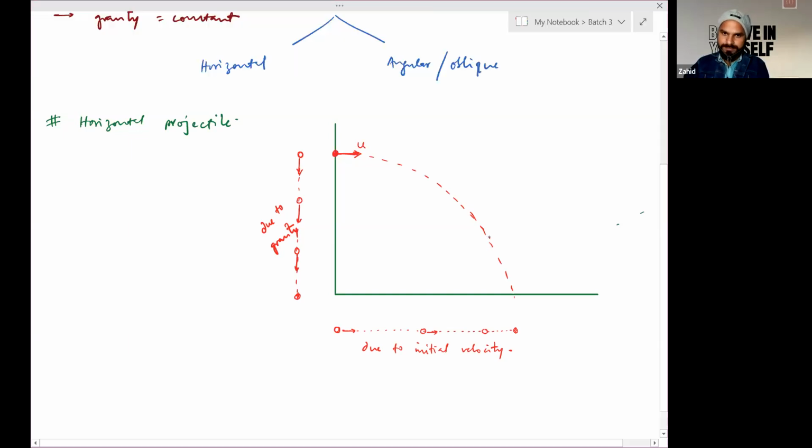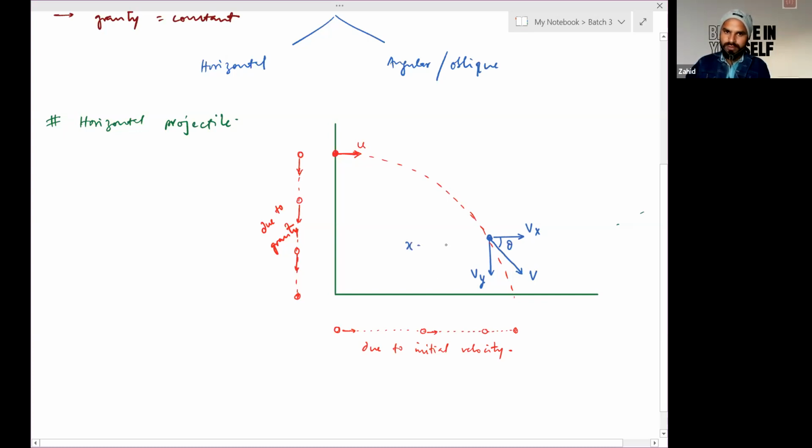Now suppose at any instant it is at this point, for which velocity along x-axis is vx and velocity along y-axis is vy. The resultant of these two terms will be along this path as v, inclined at theta with respect to x-axis.